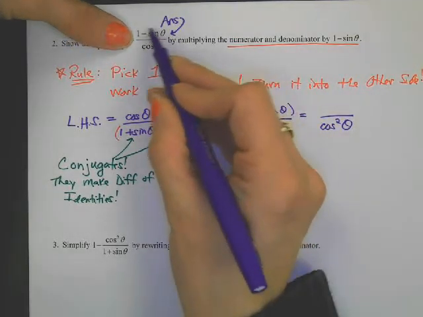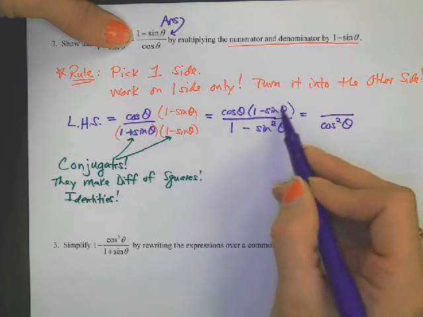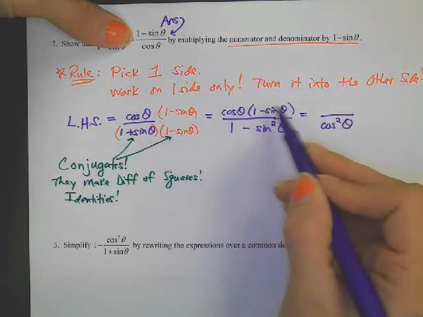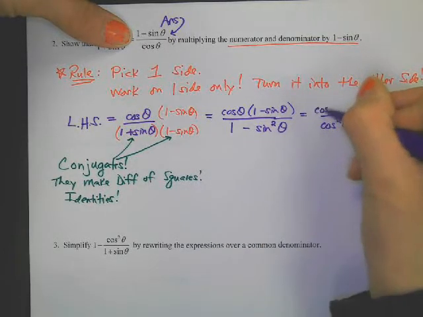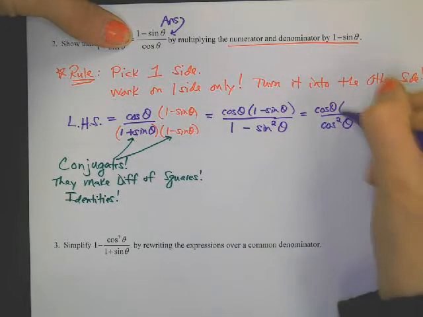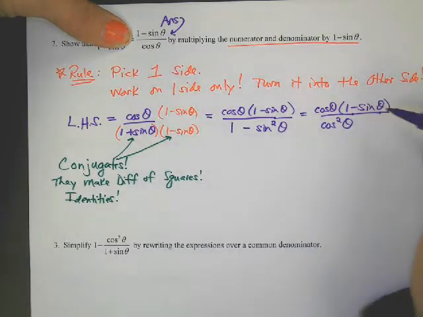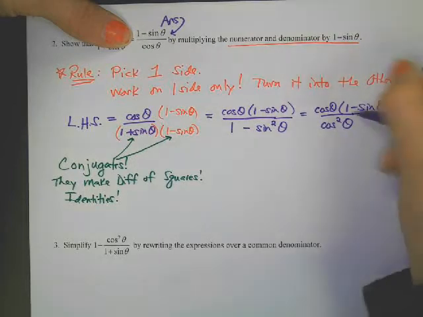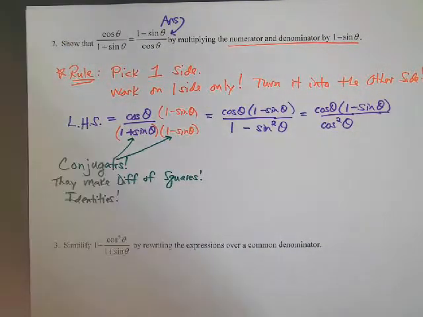How about that answer for the numerator? 1 minus sine. I see that right there. It's a good thing we didn't distribute it in because I'm thinking we're going to have to factor it out because I want that. So let's write cosine of theta times the quantity 1 minus sine of theta. So keep your eye on the prize. You want that quantity, but down here you only want 1 cosine. So how are we going to make the denominator have only one cosine?